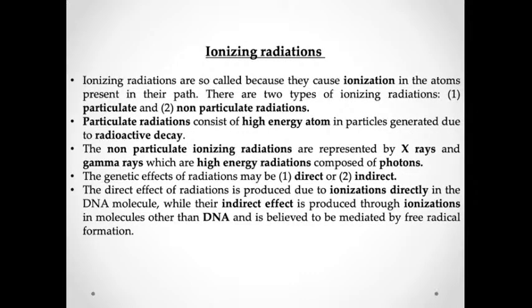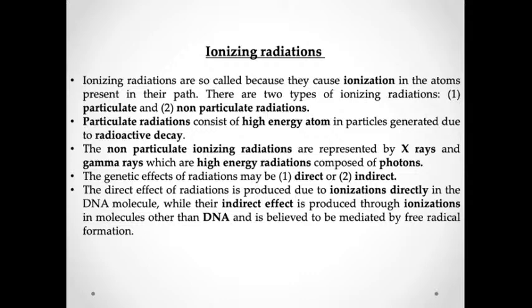Ionizing radiations are so called because they produce ionization in the atoms. They have two types: particulate and non-particulate. Particulate radiations consist of high energy atomic particles generated due to radioactive decay, and non-particulate ionizing radiations are represented by X-rays and gamma rays, which are high energy radiations composed of photons.